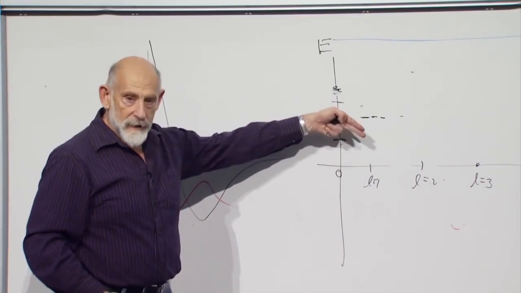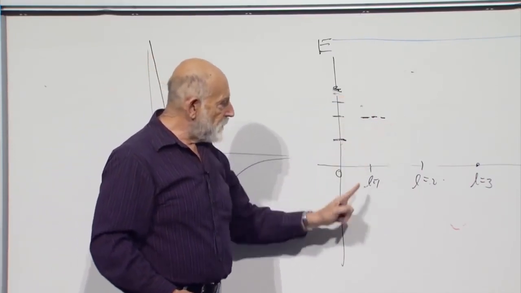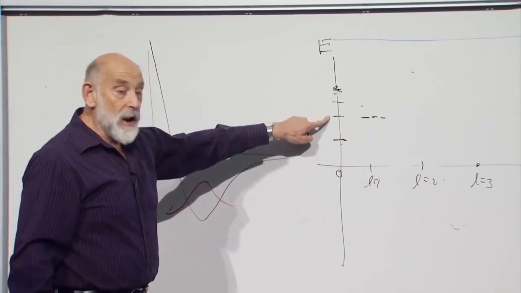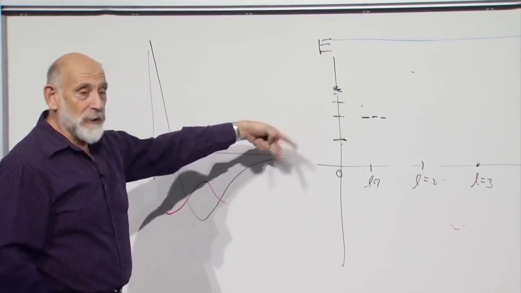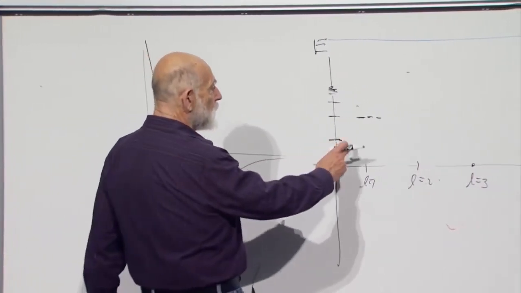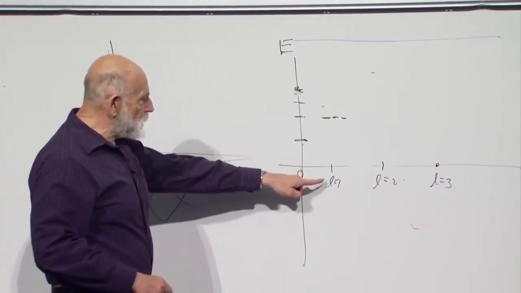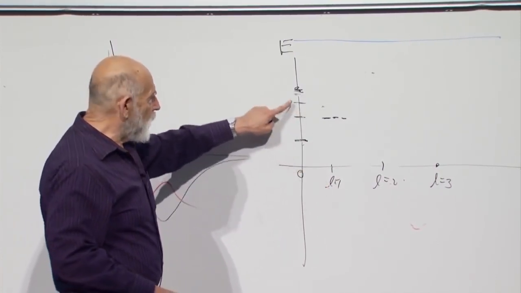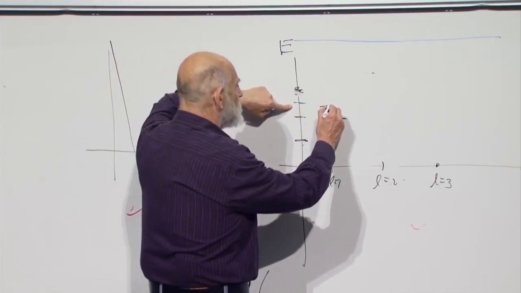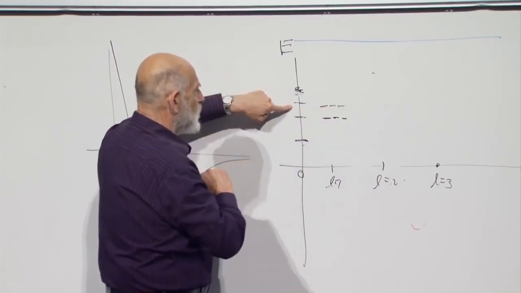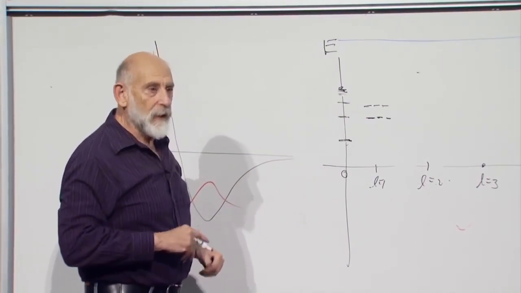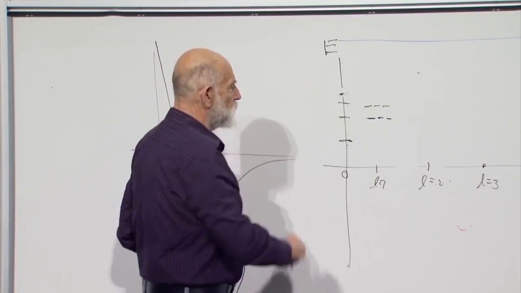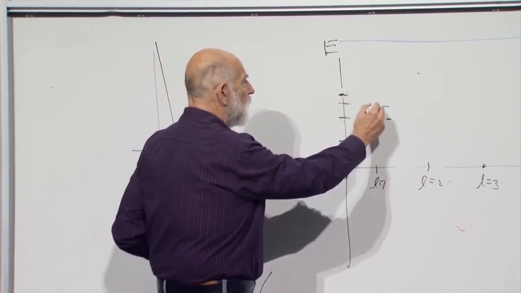The 0 node state, the first one that occurs for L equals 1, occurs at exactly the same energy as the 1 node state for L equals 0. That's a mouthful. What about the 2 node state? The 1 node state of L equals 1 occurs at the same energy as the 2 node state of L equals 0. Exactly the same for the simple Coulomb force. And so on and so forth. This is a pattern.